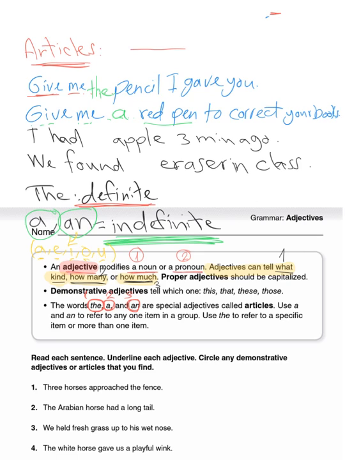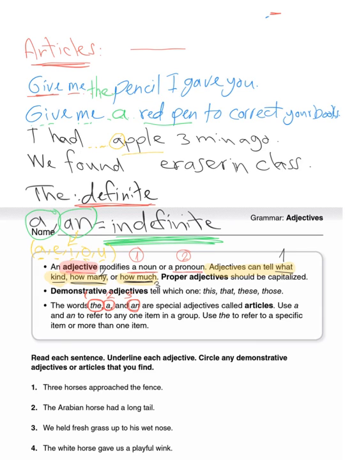I had, meaning ate, dash apple 3 minutes ago. Here, any apple he ate is not specific, and it's singular, one apple, so I will use a or an. Here at the beginning of apple, I have a, so what shall I use?